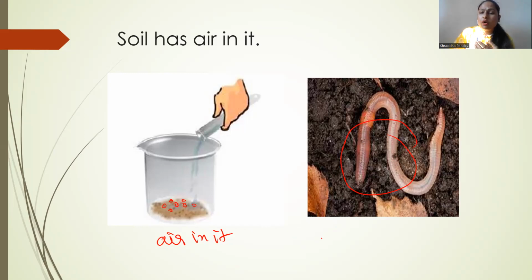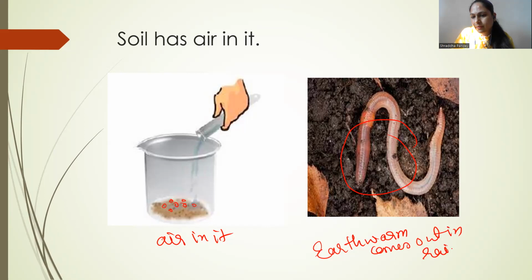In the soil, all the spaces are completely filled by the water, so there is no air. That's why they come out. So several organisms living in the soil come out of the soil. Example, the earthworm comes out in the rainy season.